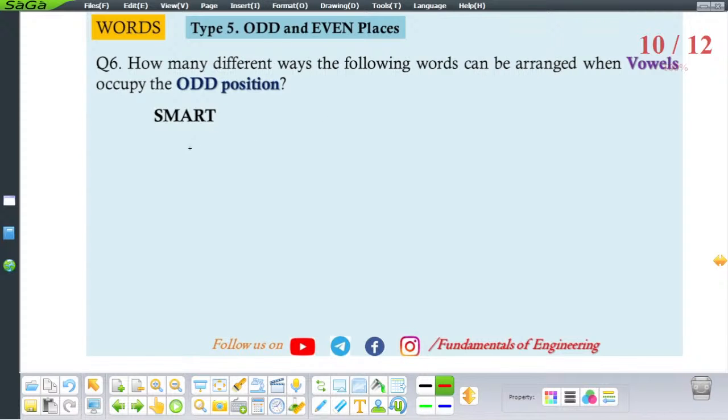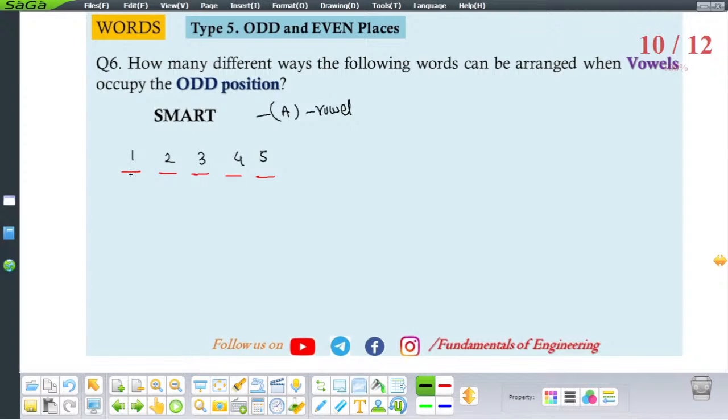Occupy the odd position. So how many places are there? 1, 2, 3, 4, 5. So places are 1, 2, 3, 4 and 5. A is the vowel, one vowel is present, and it can occupy the odd positions.